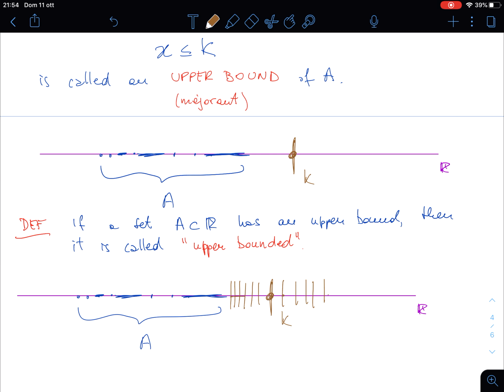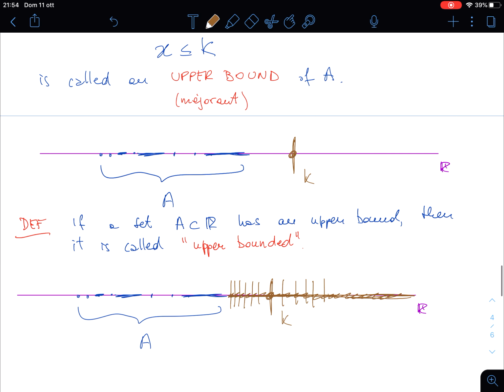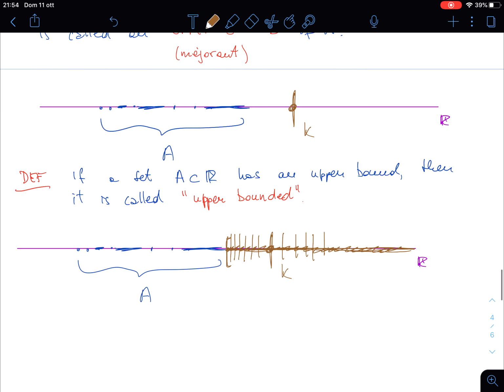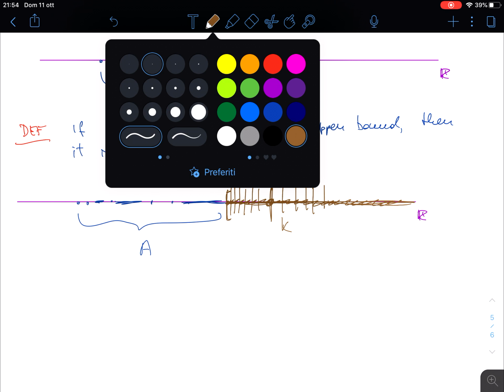So the upper bounds form a half line, a right half line. And what I'm going to prove now is that this half line of the upper bounds is closed, so to say, it admits a minimum. This is a true theorem.